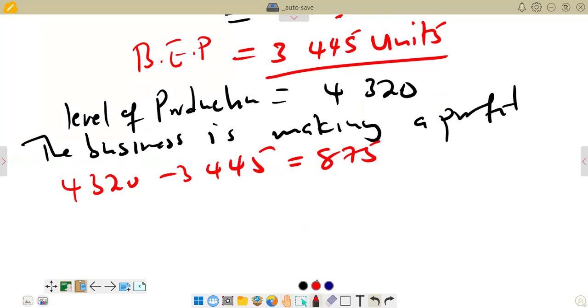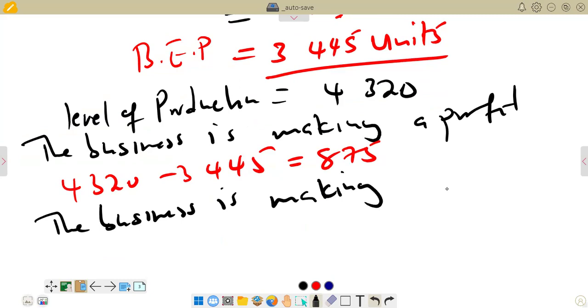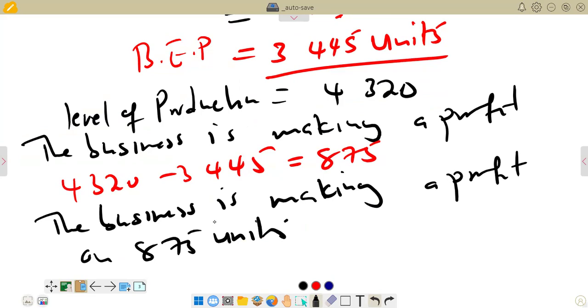So here, if you try to summarize it further, you are going to say the business is making a profit on 875 units. If it's less than the break-even point, it means it will be making a loss on those number of units. That is the difference between the break-even point and the level of production.